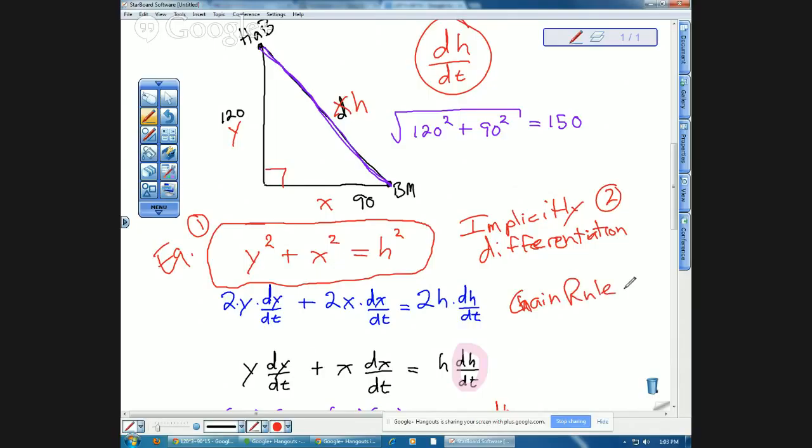Then I need to be able to fill in everything but what I want. And if I wasn't given enough information to do that, I can't make any predictions. So we have to have some measurements in order to make predictions about unknown ones. So I have to be able to fill in pieces. So implicit differentiation requires a chain rule. Step 3 is to just fill in the pieces. And pray you have enough pieces.